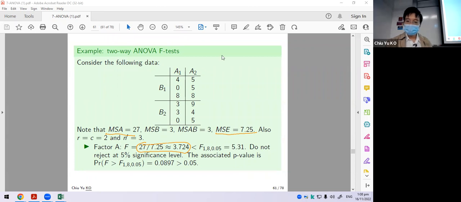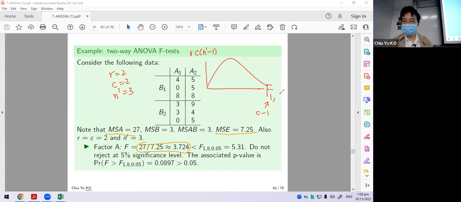There will be an F, with 1 degree of freedom because 2 groups, C minus 1. And how many data? Remember the formula is RC times M prime minus 1. Here R is 2, C is 2, M prime is 3. So 2 times 2 times 2 is 8.